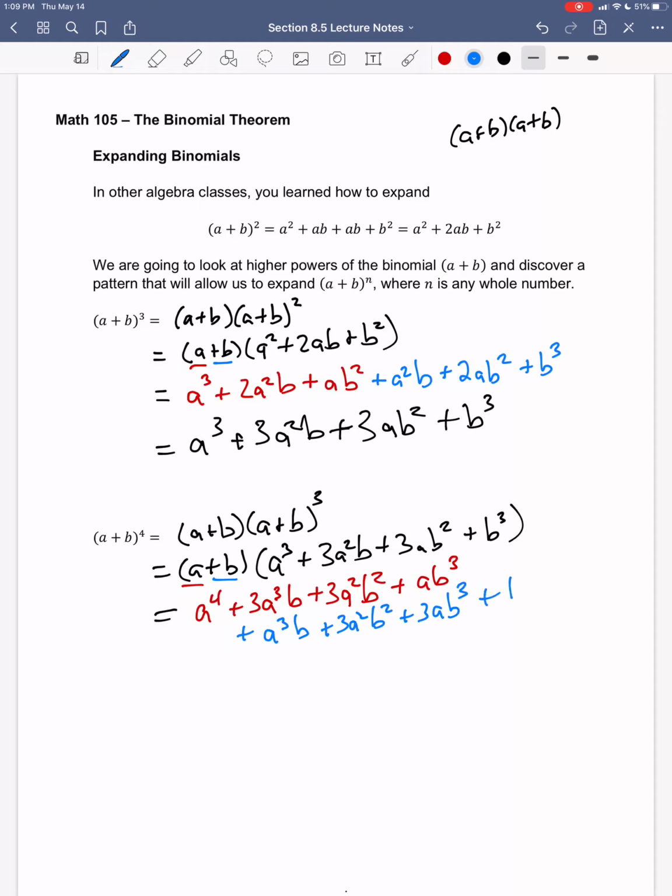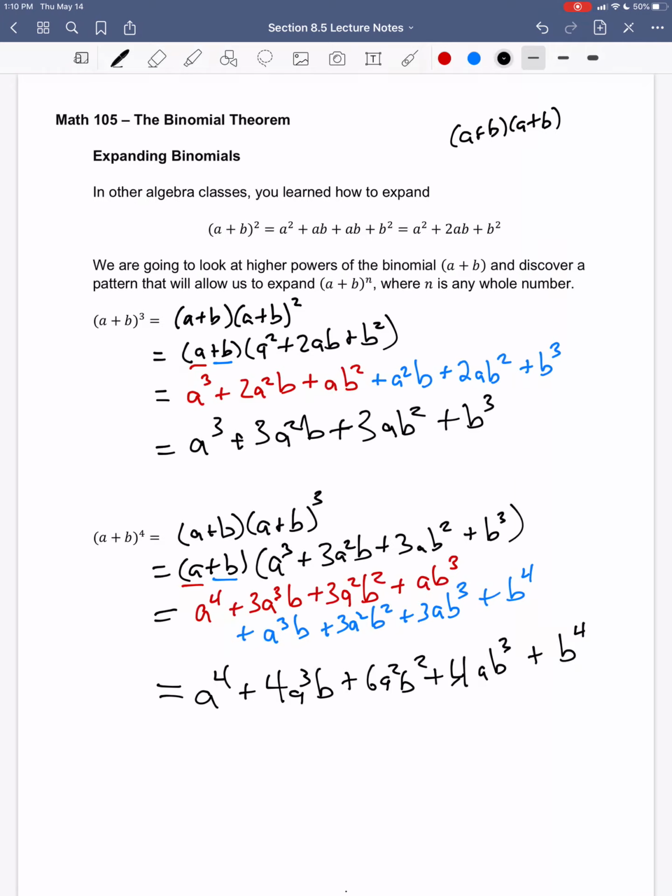And b times b to the third will be b to the fourth. So I'm just distributing there. And now I combine. I get a to the fourth plus 4a cubed b plus 6a squared b squared plus 4ab cubed plus b to the fourth.